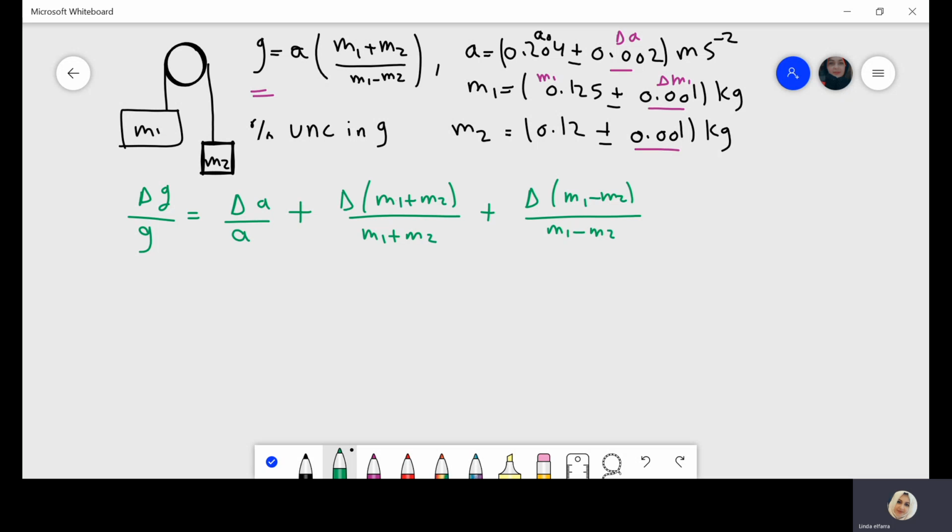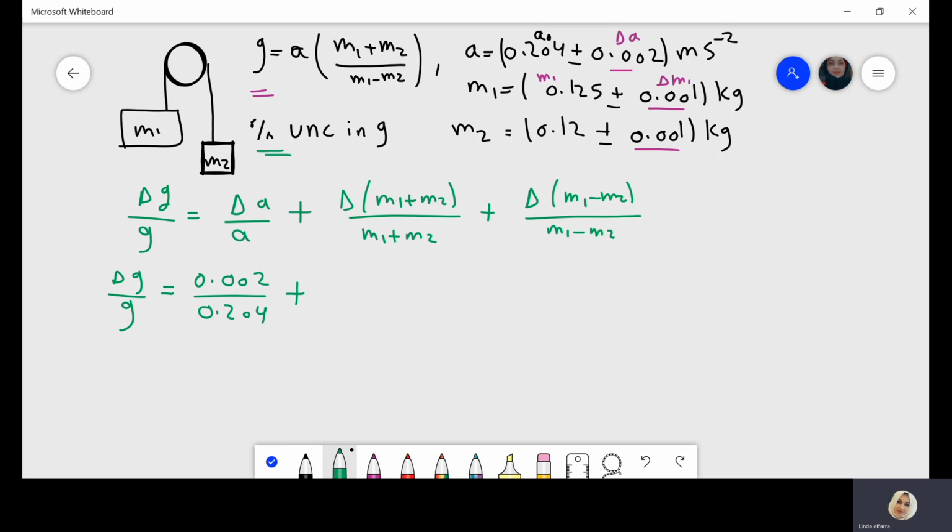I don't need to substitute the value of G because I need to find the percentage uncertainty. So I will keep delta G over G as it is, because this number as a whole will give me the fractional uncertainty. And this will equal delta A, 0.002, divided by A, 0.204, plus the absolute uncertainty for M1 plus M2.